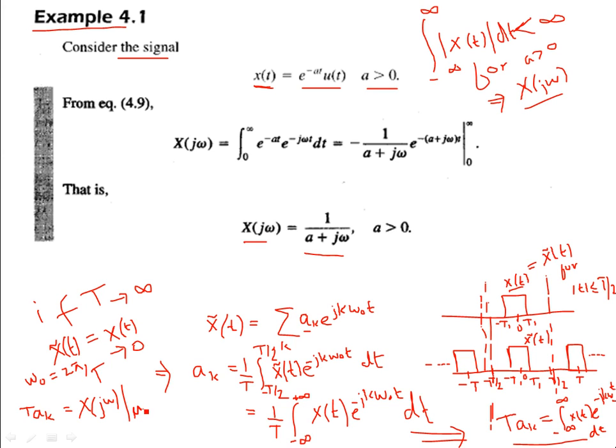I mean, my omega is a continuum because omega naught is a very small number, and k are the harmonic indices, okay? I mean, k is 0, plus minus 1, plus minus 2. The harmonic components are very close to each other, right? They become very close to each other, and there are a large number of samples which exist.